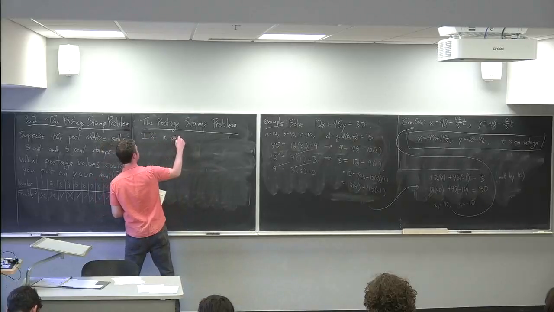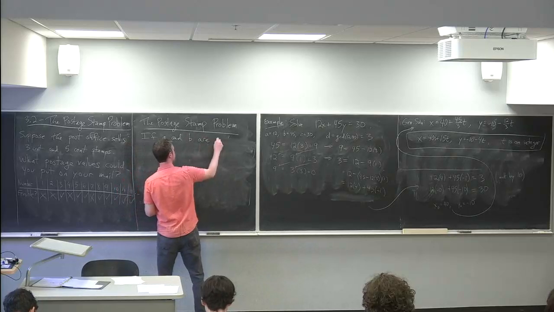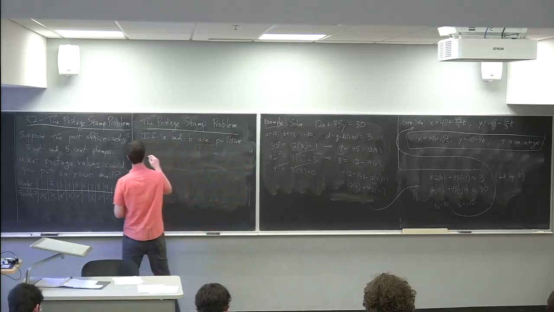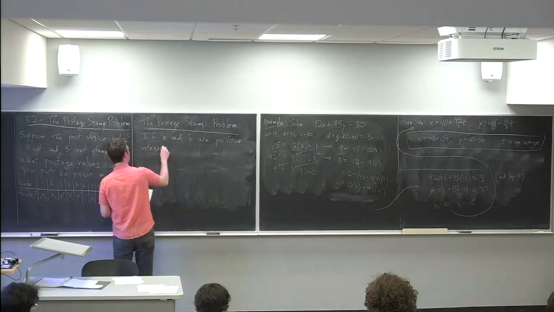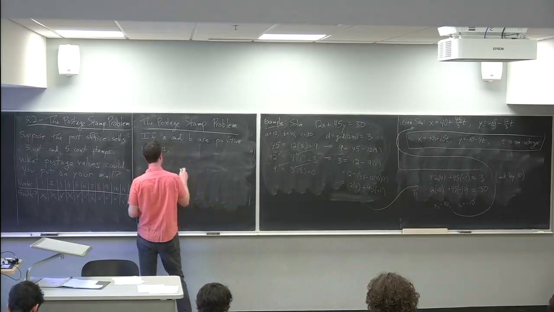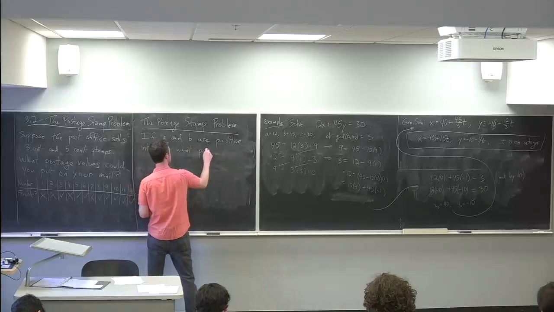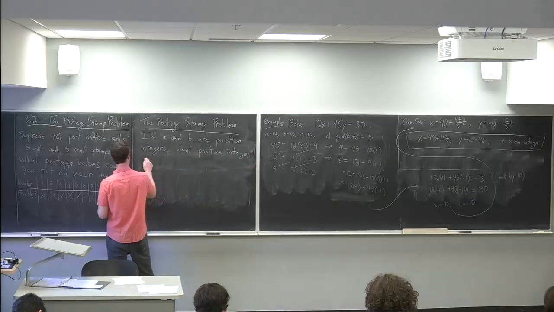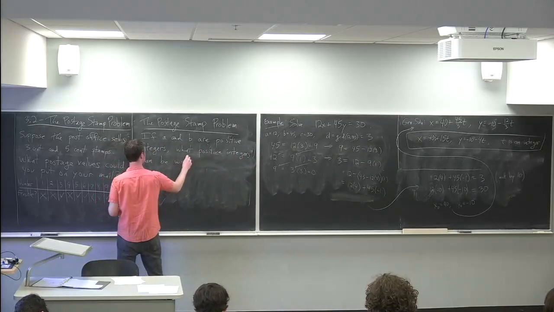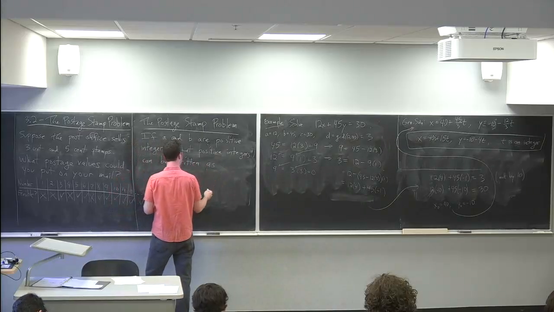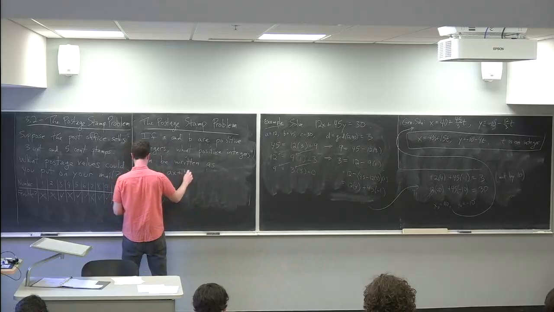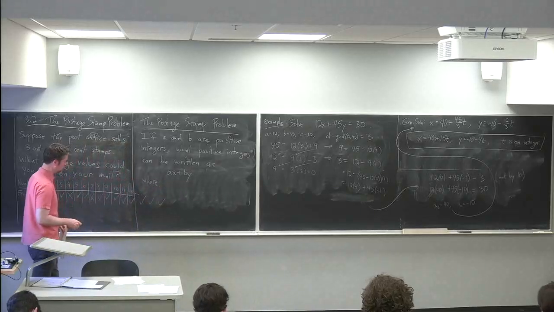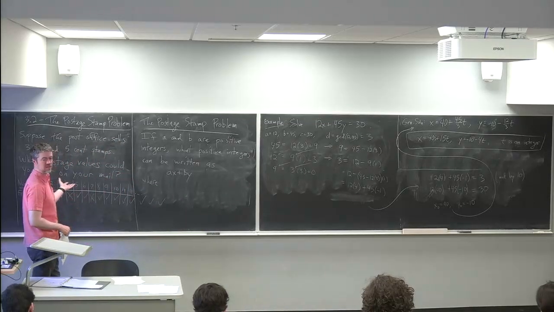If A and B are positive integers, the question is, what positive integers can be written as ax plus by, where, and there's the main thing that's going to make it different than what we were talking about before, you can't use negative stamps.